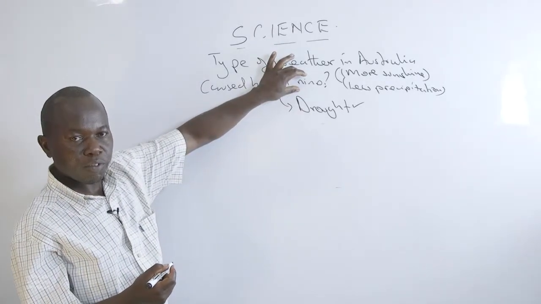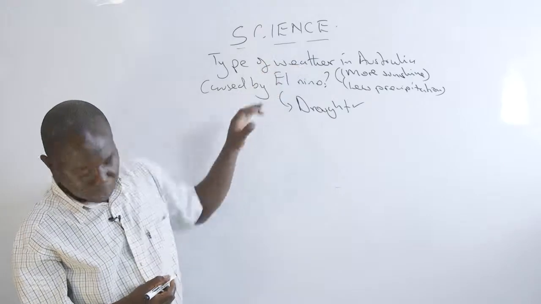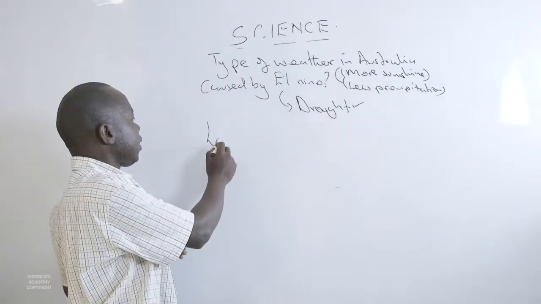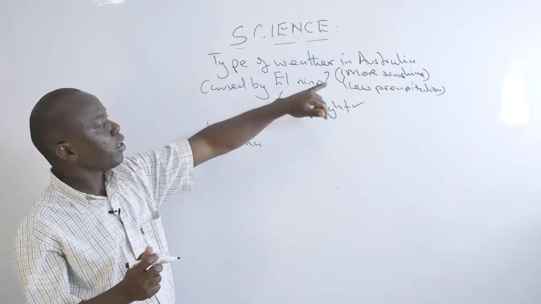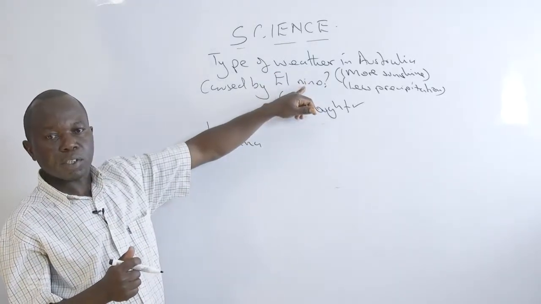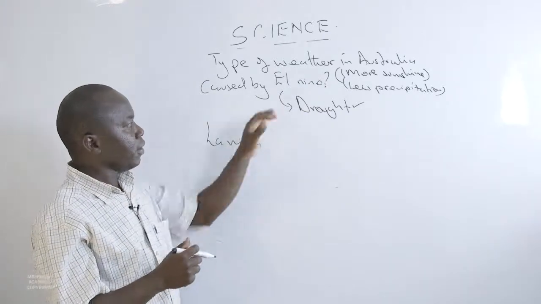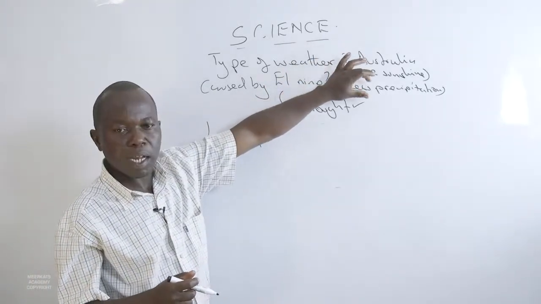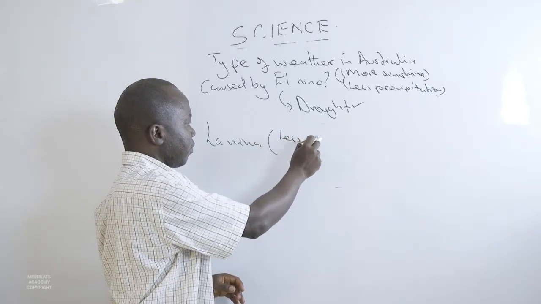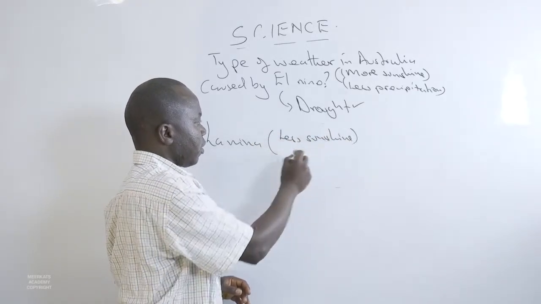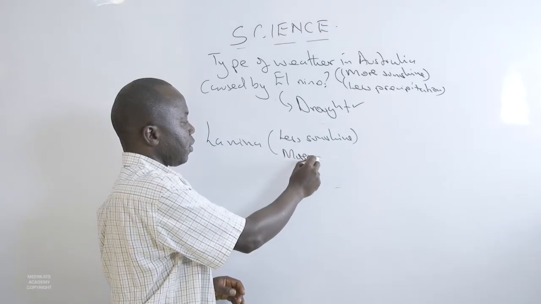But the opposite of El Nino is La Nina. So again, we might ask ourselves: what type of weather in Australia is caused by La Nina? With La Nina, we have less sunshine and more precipitation.